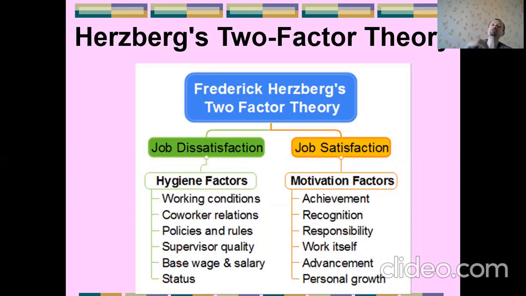And to increase motivation, to increase your satisfaction from the job, you have to use some other factors, and Frederick Herzberg named these factors as motivators.